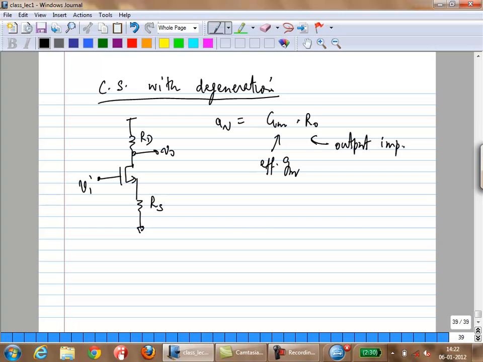The product of those two is going to give you the gain. So you're going to find out the effective transconductance of this circuit, and then find out the output impedance, multiply the two, and that gives you the gain.